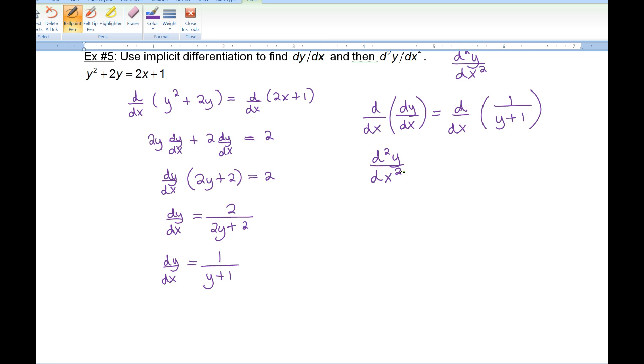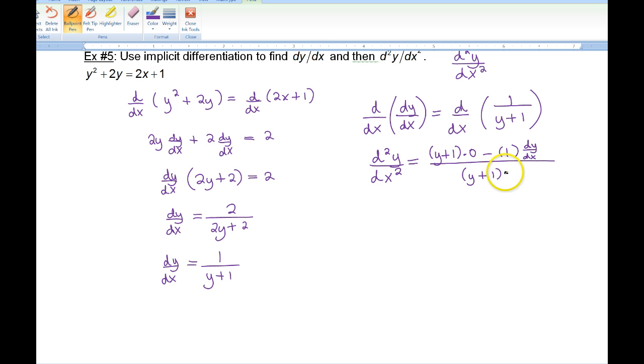All right, you want to do quotient rule? Quotient rule's fine. If you want to do y plus 1 to the negative 1, that's fine also. Low d high. So low y plus 1, d high, that's times 0. Take high, d low. Derivative of y will be dy dx plus 0.